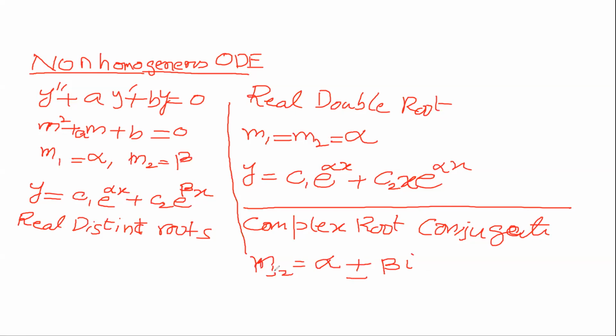The solution in this case will be in terms of the cosine and sine functions. So y is equal to a e power alpha x cosine of beta x plus b e power alpha x sine of beta x.